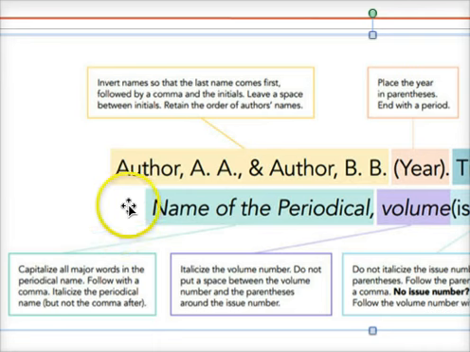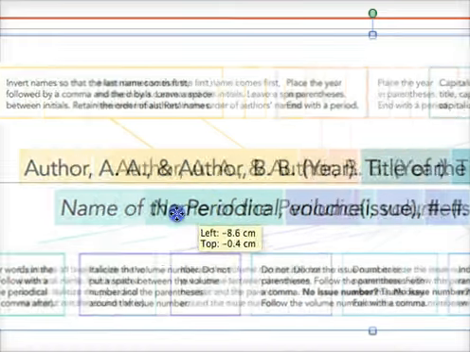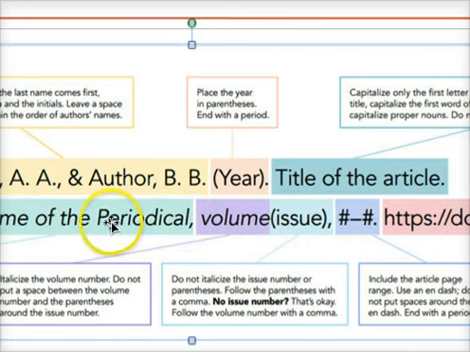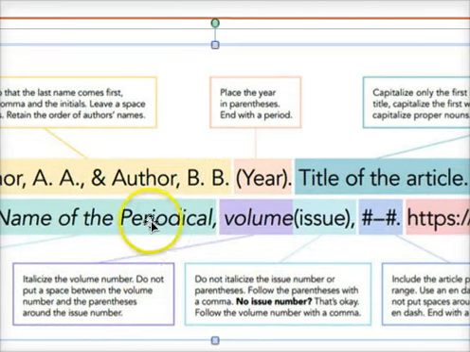And you can just usually follow the example of how the capitalization is on the article itself. So don't change any of the wording or capitalization. There's a comma, not a period, between the journal and the volume and issue number. So you want to italicize the name of the periodical as well as the volume number. So both of these are italics.